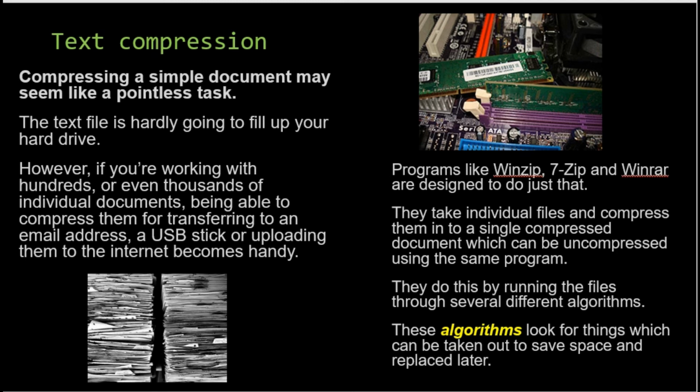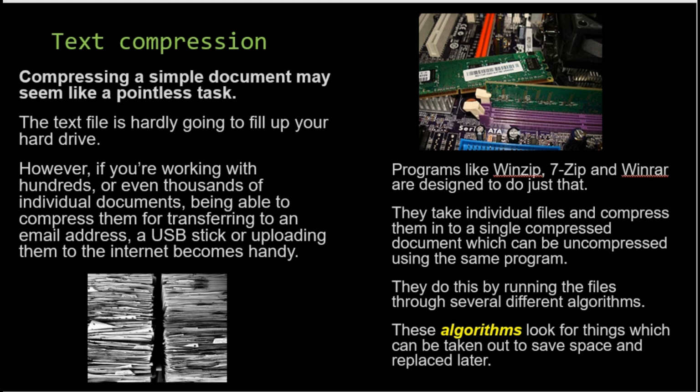Once you download a file, your computer uses a program such as WinZip or various other ones, 7-Zip, WinRAR, and they expand the file back to its original size. If everything works correctly, when you unzip it, it will be exactly the way it was before it was compressed.